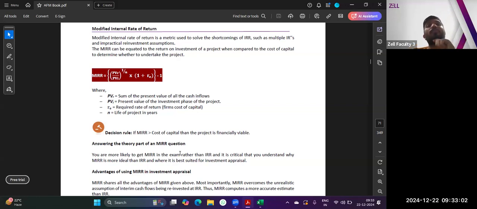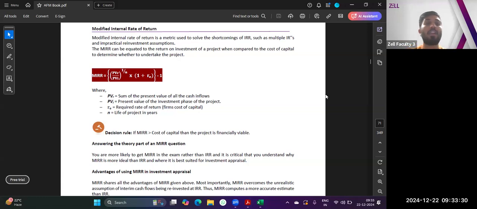MIRR is nothing but modified internal rate of return. Modified internal rate of return is a little advanced than internal rate of return. Based on that, we will be doing our calculations, and this modified internal rate of return typically is a little advanced and covers not all the demerits, but some of the demerits.